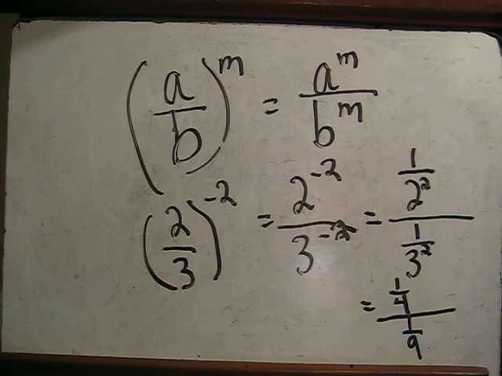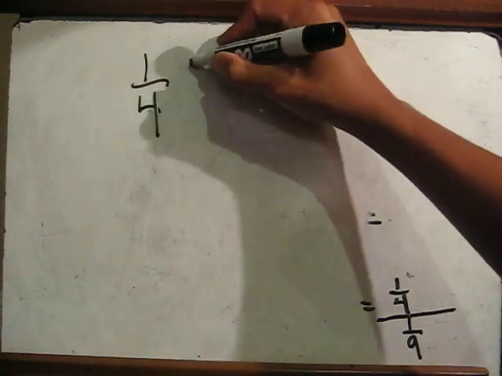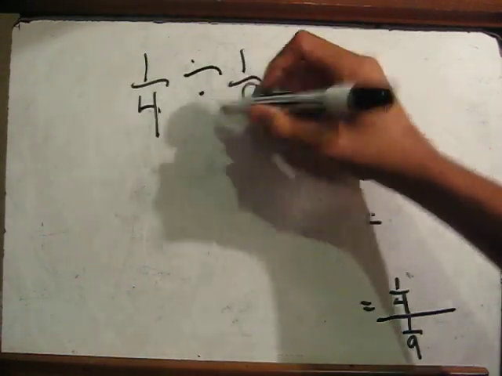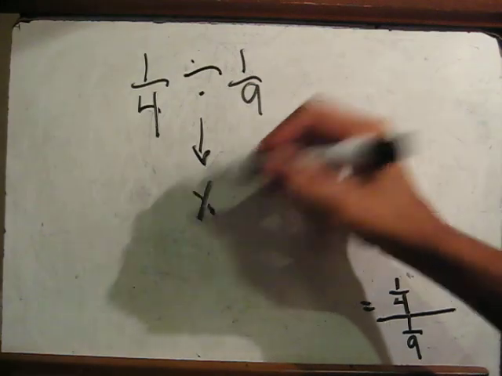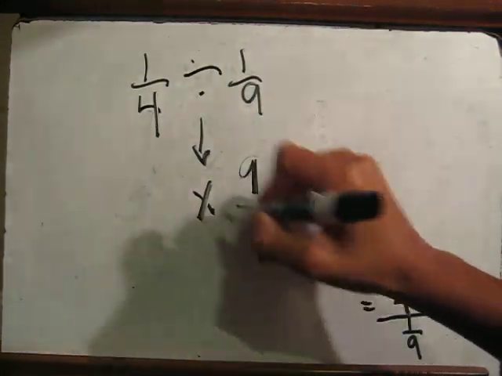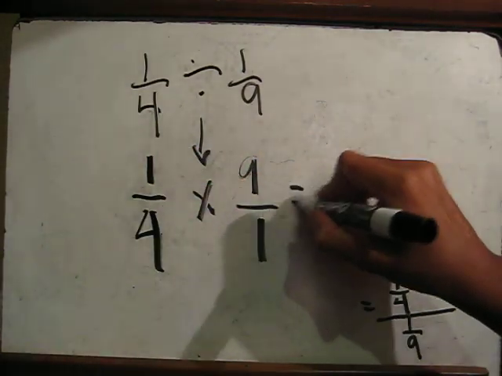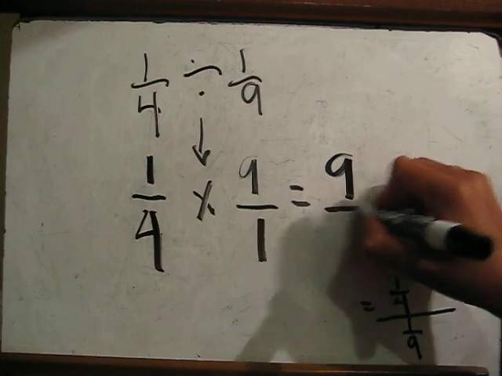Now we can keep going because it's 1/4 divided by 1/9, and this just becomes a multiplication. Remember this 1/9, we need to find the reciprocal, which is 9 over 1. So if we multiply, that just becomes 9/4.